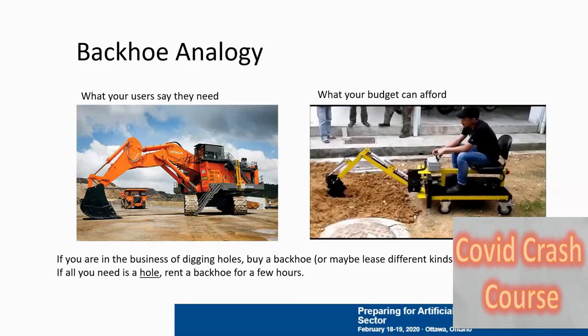In the government, our users are used to asking for the sun and the moon and the stars because they only get funding once every 5 years, and they're going to have to make sure they have enough capacity for anything they might need. So they're going to tell you that this is what they need, a giant bulldozer. Your budget is certainly not going to be able to support that. You might be looking at something a bit smaller.